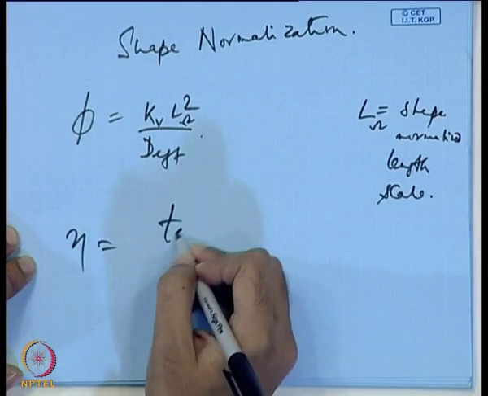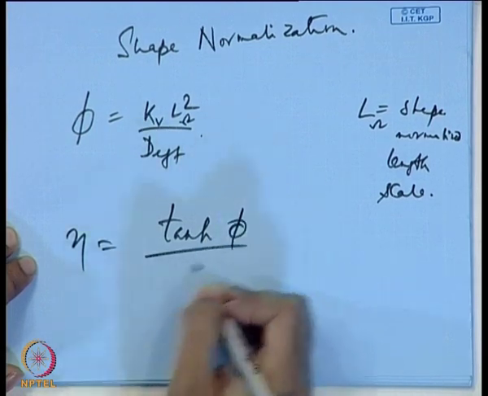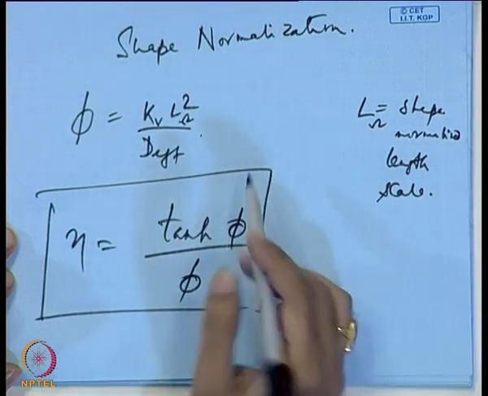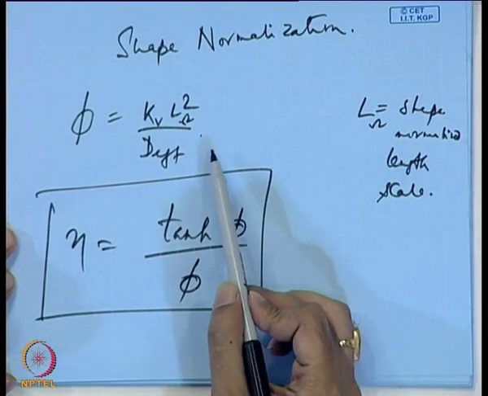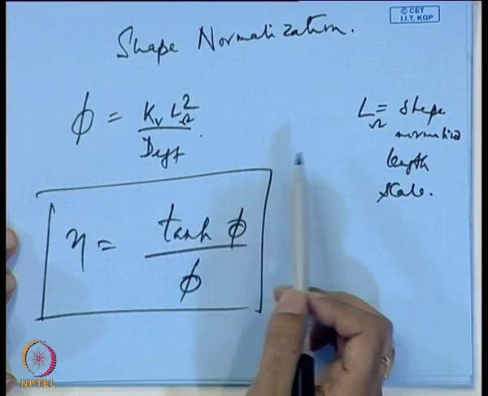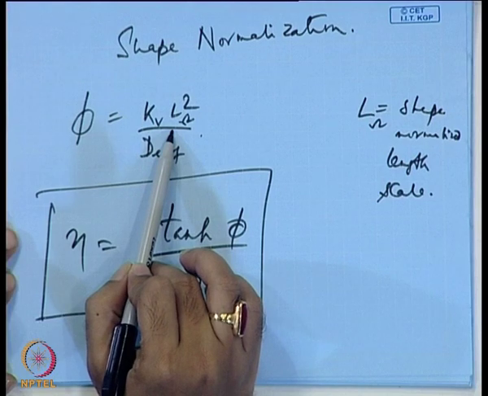Is that a perfect answer? No, it is not a perfect answer, but the advantage is it is very close to the perfect answer. So, if you say that your eta is tan hyperbolic phi over phi, and you define your phi this way in terms of the shape normalized value, and there is a mechanism for that, r over 2, r over 3 for different shapes, how this L is going to vary is given.